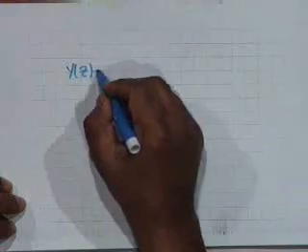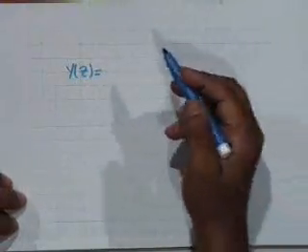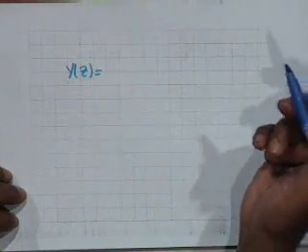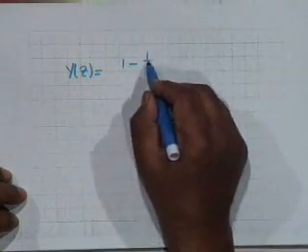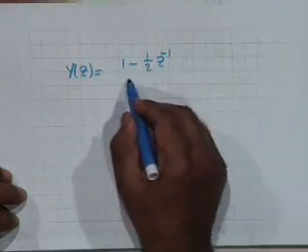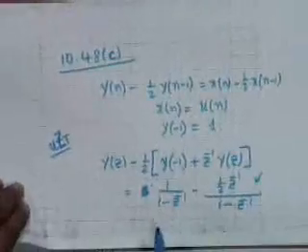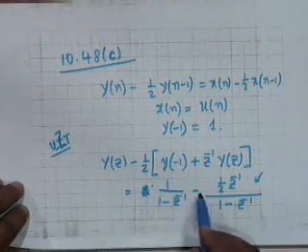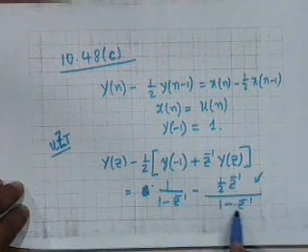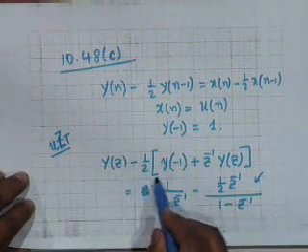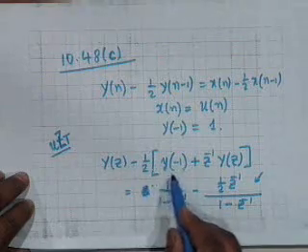If you simplify this, then you get Y of z as equal to 1 minus half z inverse divided by 1 minus z inverse. You understand where this comes from. We have a 1 here and minus half z inverse, 1 minus z inverse, so it's just combining these two. And from the left hand side, this term will come to the right hand side.